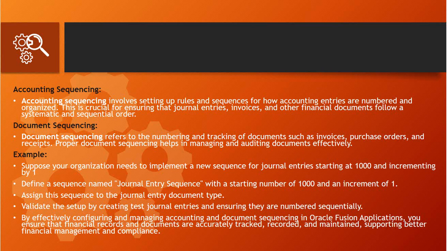By effectively configuring and managing accounting and document sequencing in Oracle Fusion applications, you ensure that financial records and documents are accurately tracked, recorded, and maintained, supporting better financial management and compliance.